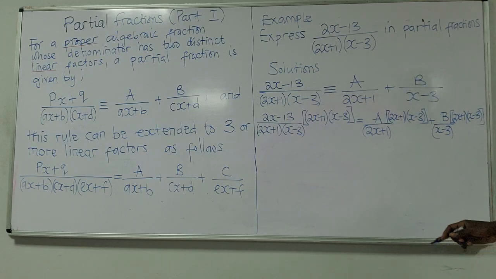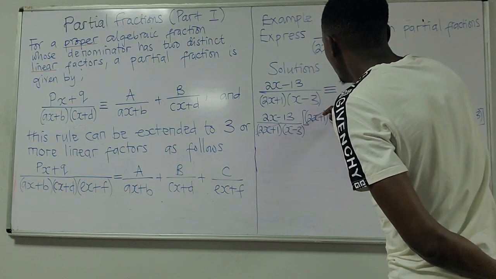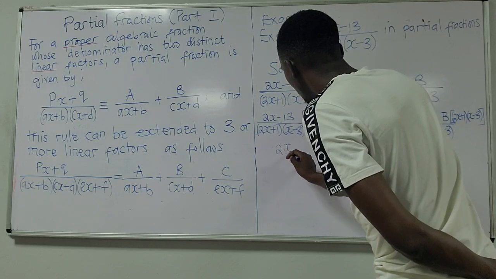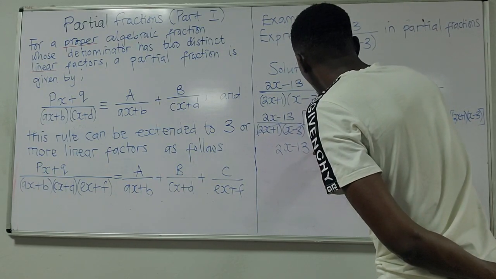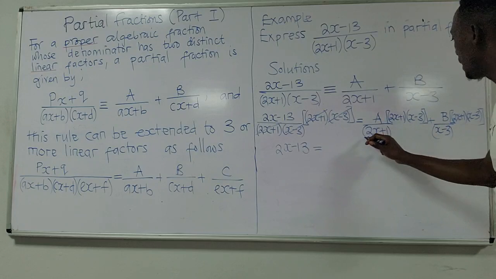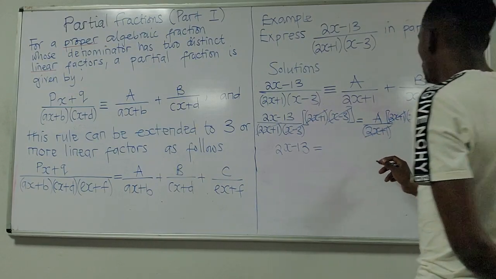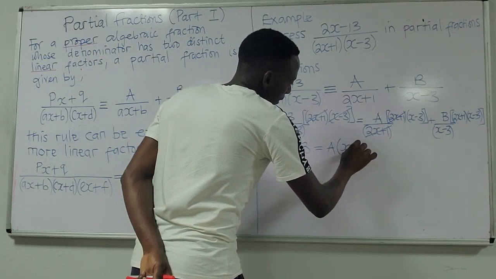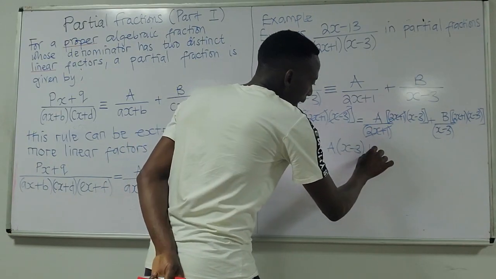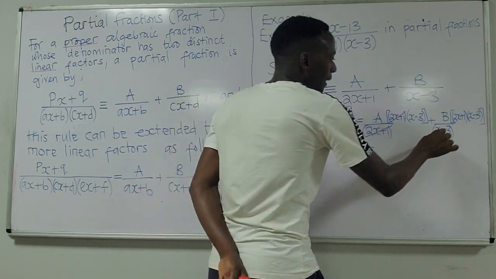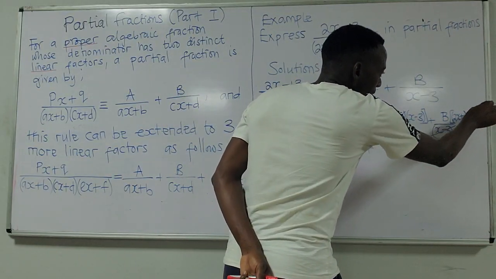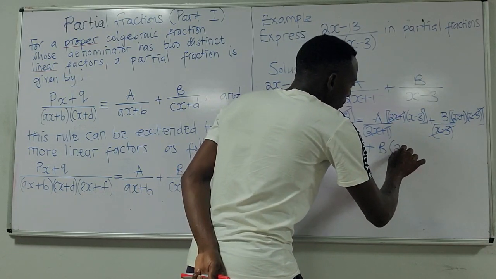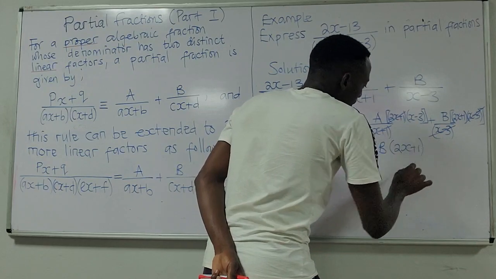So we can see that here, this divides this divides this, so we remain with what? 2x minus 13 is equal to now, this divides this, so we are remaining with a multiplied by x minus 3 plus, you can see here, this x minus 3 divides x minus 3, so we remain with b, open brackets, 2x plus 1.